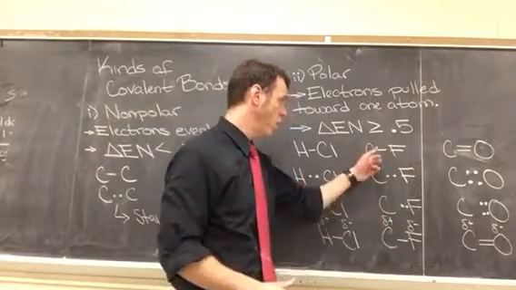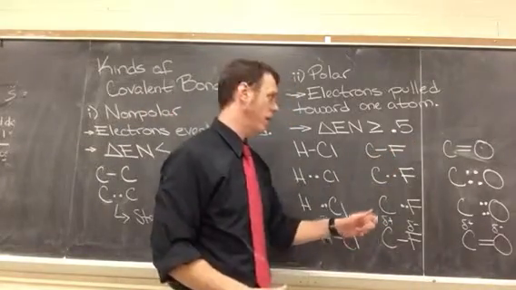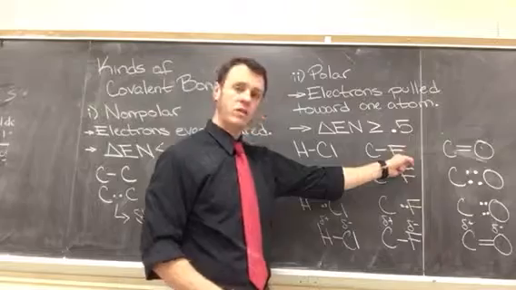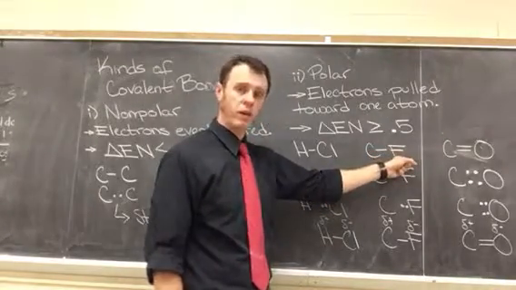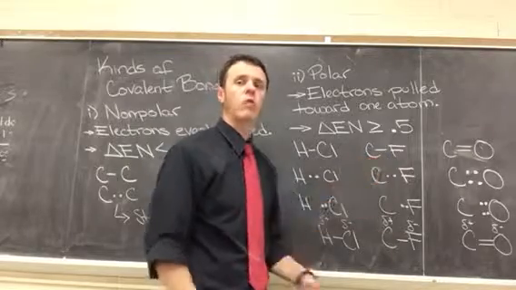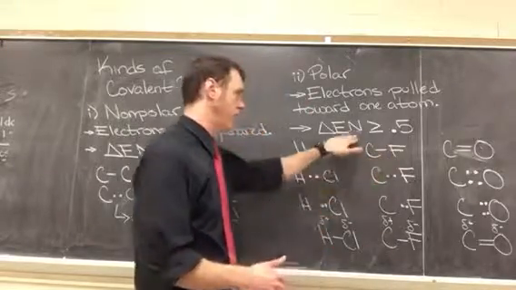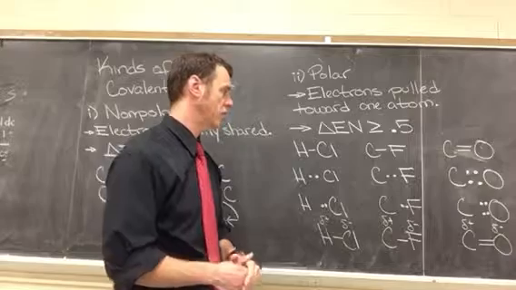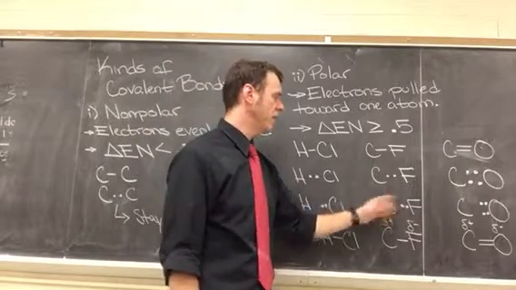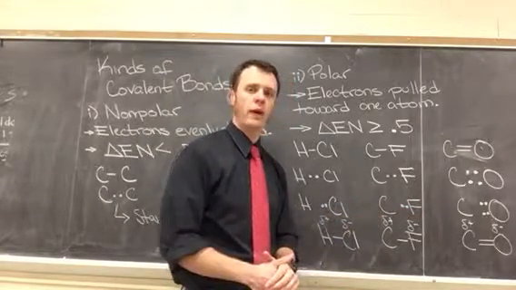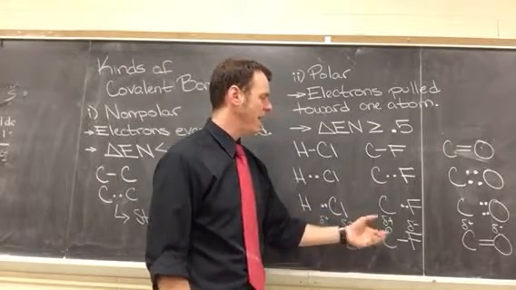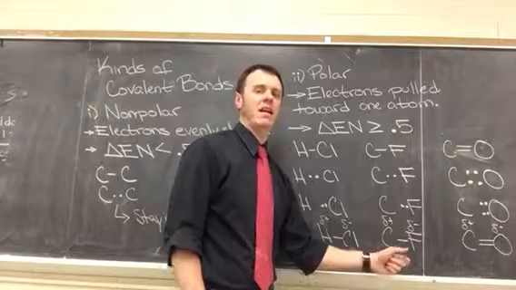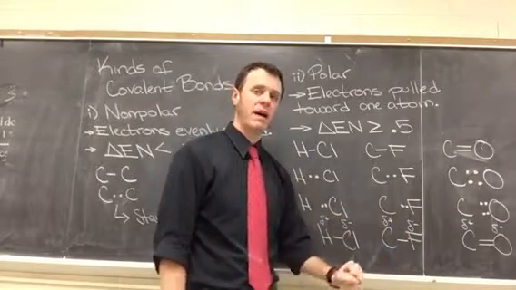As we move forward, carbon and fluorine, all right? Our difference here: 4.0 for fluorine, 2.5 for carbon, which gives us a difference of 1.5, still falls within our polar range, all right? This means the electrons are getting pulled towards the fluorine atom. As electrons get pulled towards the fluorine atom, it makes that fluorine feel negative, and we indicate that with this delta minus charge.